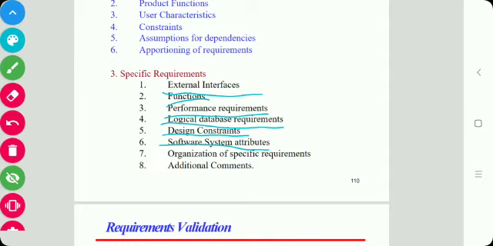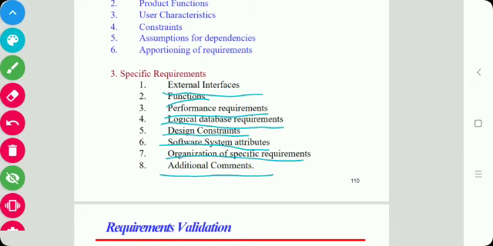Then portability: the software should run on any platform. Okay, so these are the quality attributes of the software: reliability, availability, security, maintainability, portability, then integrity and efficiency. So these are the characteristics of the software system. Then the organization of specific requirements and additional comments.